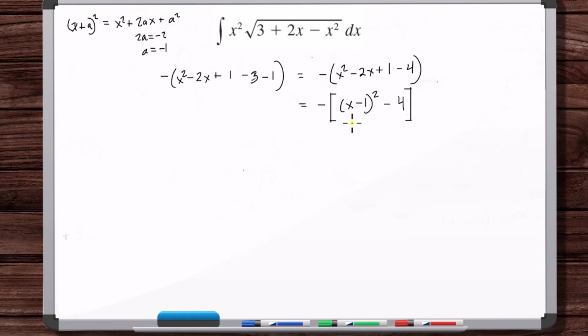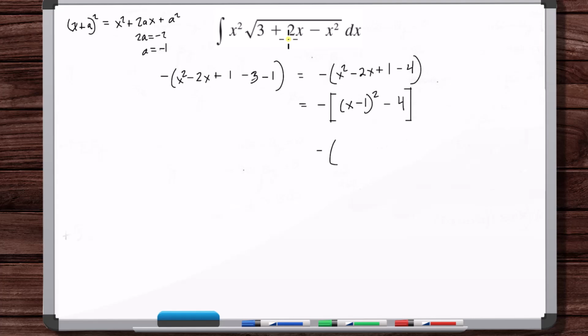Is that right? Let me check this. x squared minus 2x plus 1 minus 4 is x squared minus 2x minus 3. Now you put the minus sign in, and yeah, that's right.